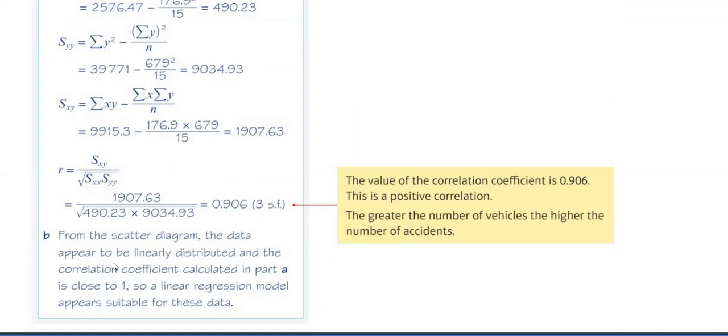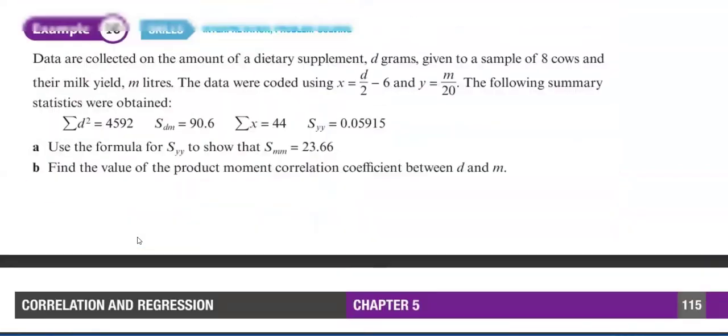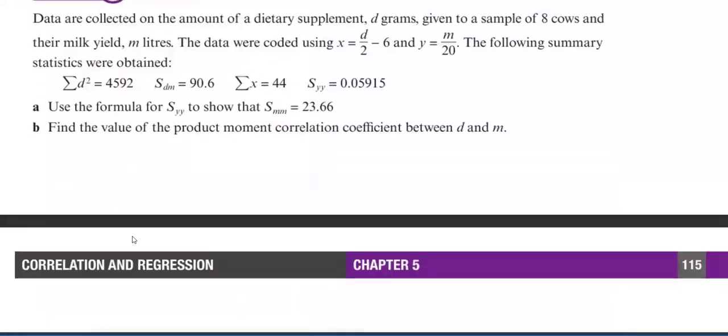For the scatter diagram, the data appear to be linearly distributed and the correlation coefficient calculated in part A is close to 1. So a linear regression model appears suitable for these data. Like this, we can find the correlation coefficient using the same method.